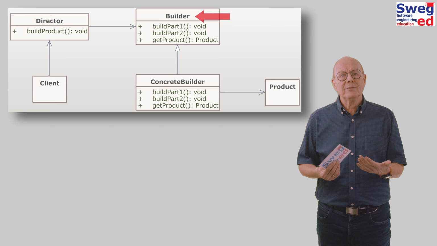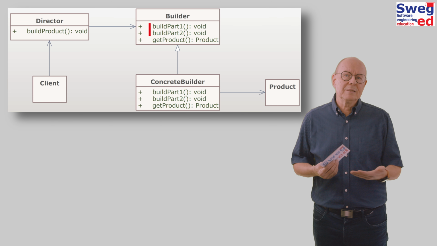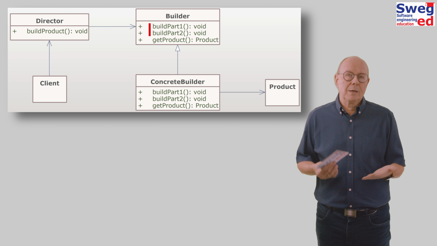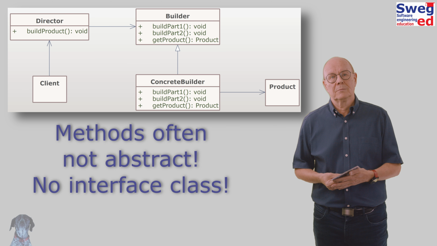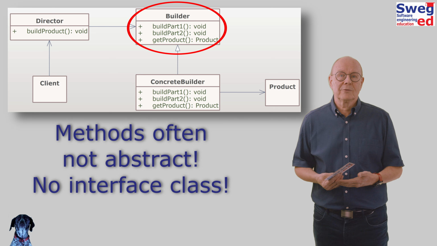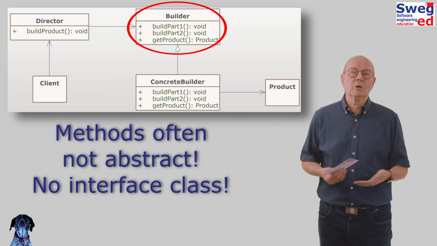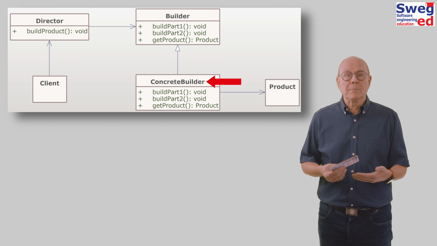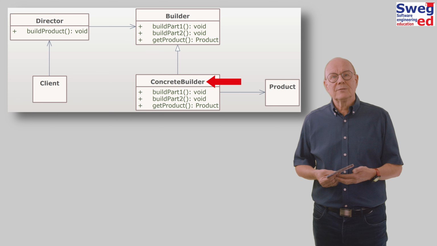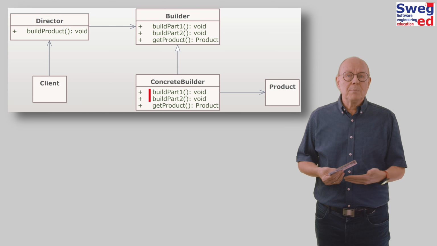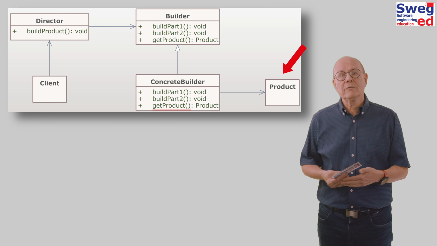The builder class has the methods to build each part of the product via build part 1, build part 2 and so on. Many common steps can go into the builder class, so this class is often not only an interface class. The concrete builder specializes these methods for each product. The concrete builder can also return the finished product.